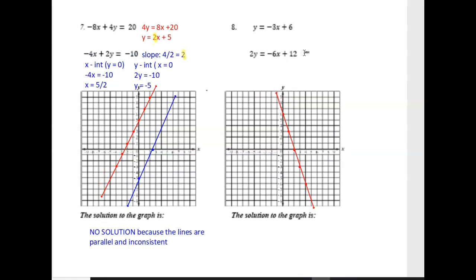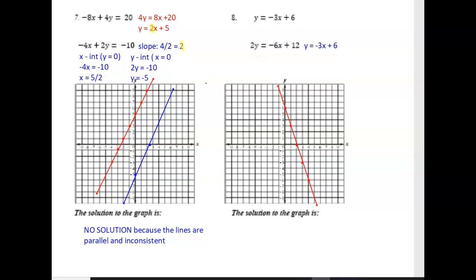Then we're going to graph the second line. So we have to divide by 2. Plot our y-intercept. And hopefully what you notice is that these two graphs completely overlap.